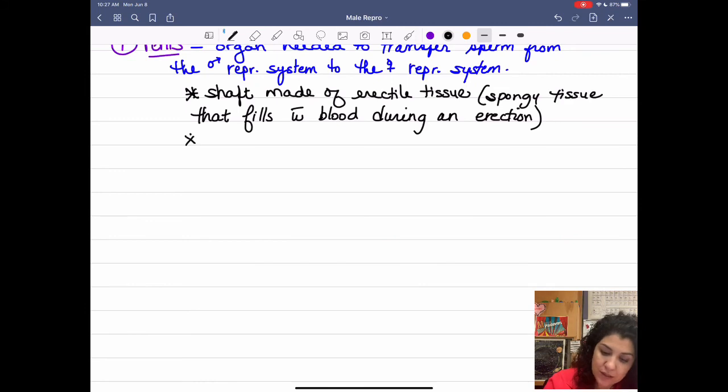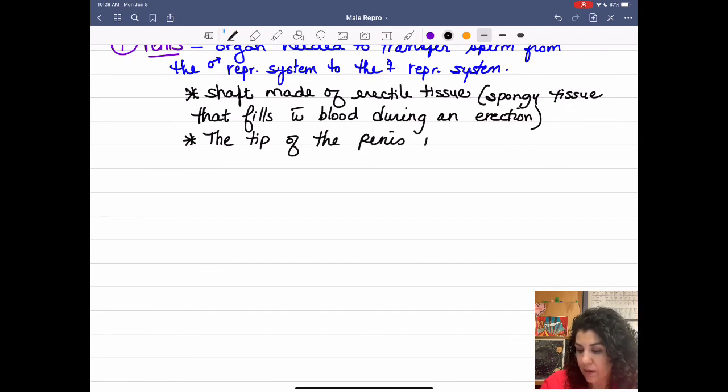And then we said the tip of the penis is called the glans penis. Okay, and this is equivalent to what females have, the glans clitoris, the clitoris.